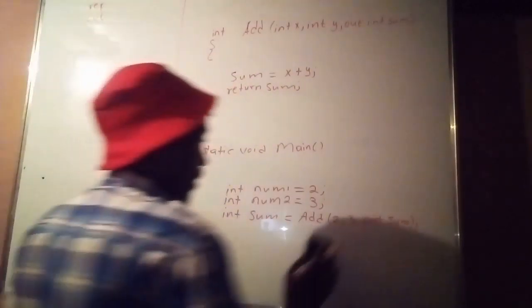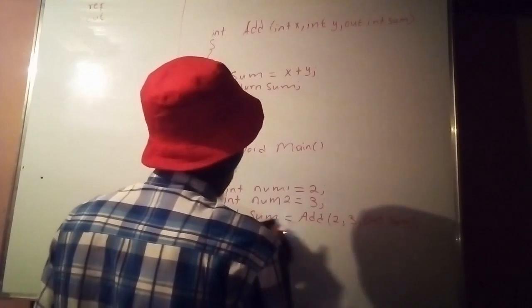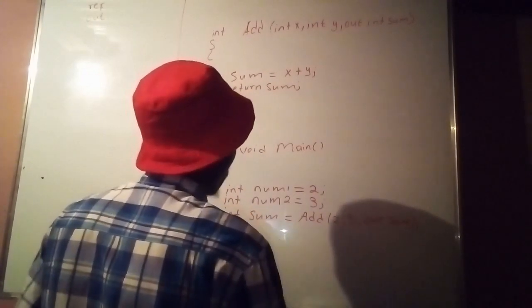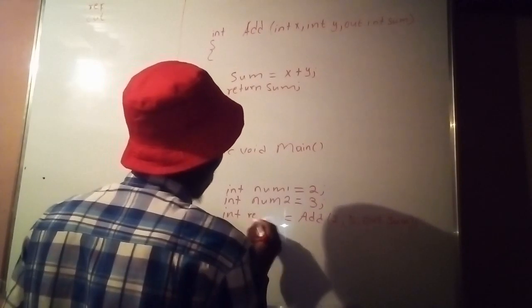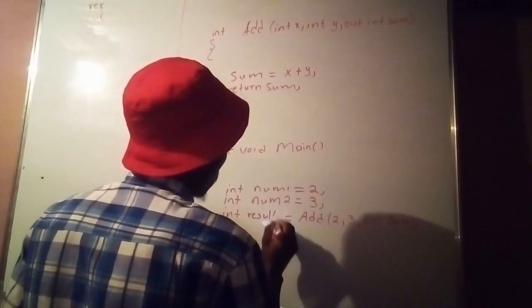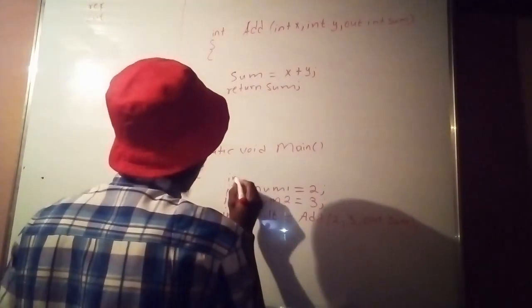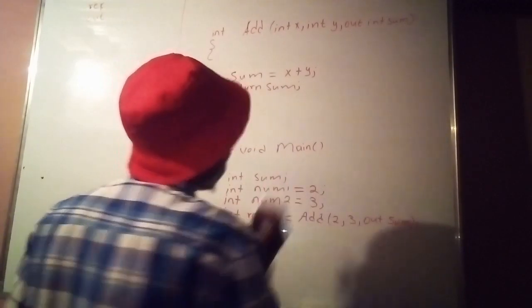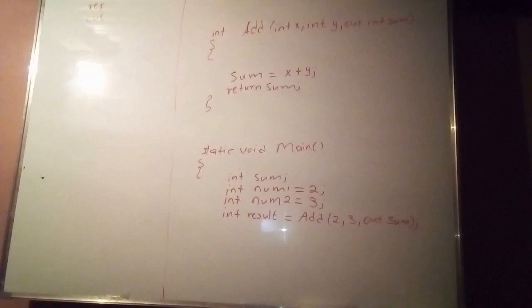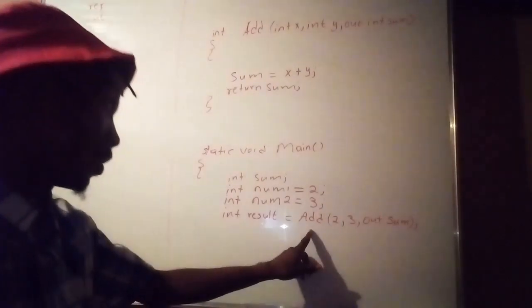What we should have done actually here, let's say this one is a result. This one we're going to write as result, and then we're going to declare int sum here and not give it a value. So now we are calling this method.